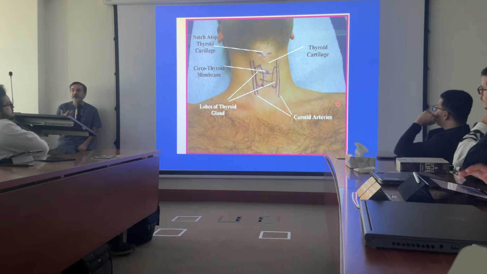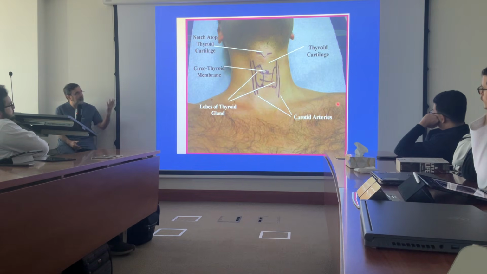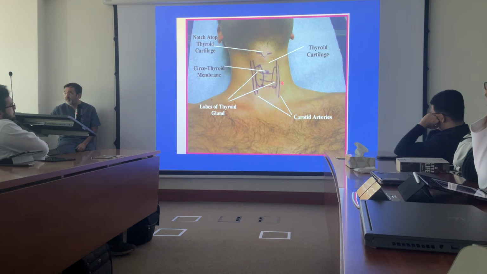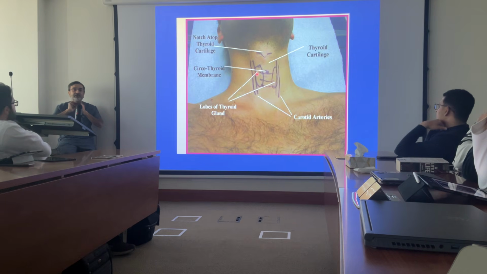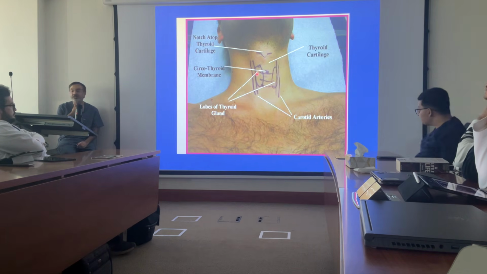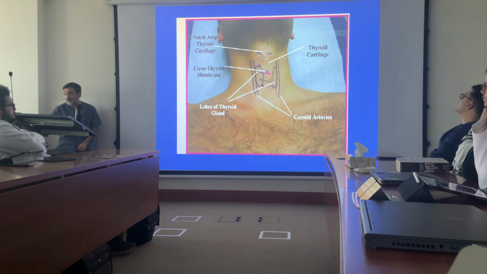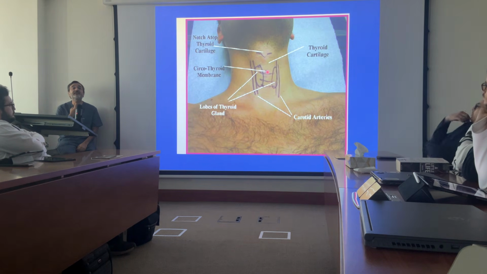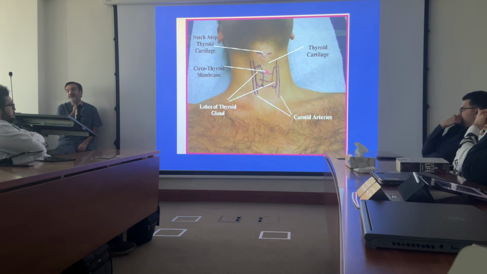Now where are you going to find this thyroid gland? What you can see is that you can palpate your carotids here. So your carotids are the lateral margin of the thyroid. The Adam's apple, which you see here, is the place; just above this on the side is the upper pole.